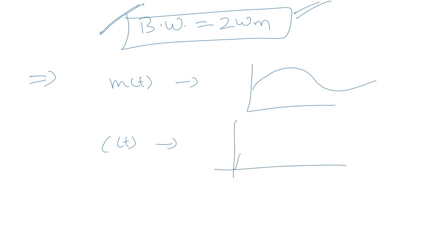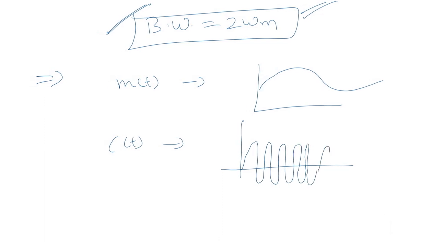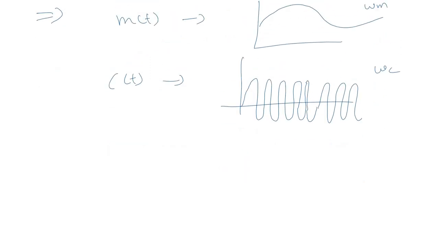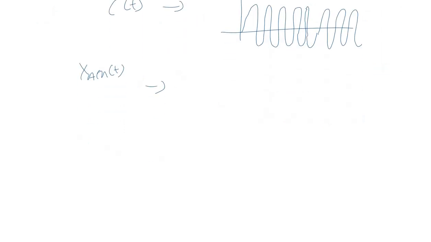And this is a high frequency carrier signal, with frequencies ω_m and ω_c. So the conventional modulated signal x_AM(t), the time domain version of that signal, will look something like this.